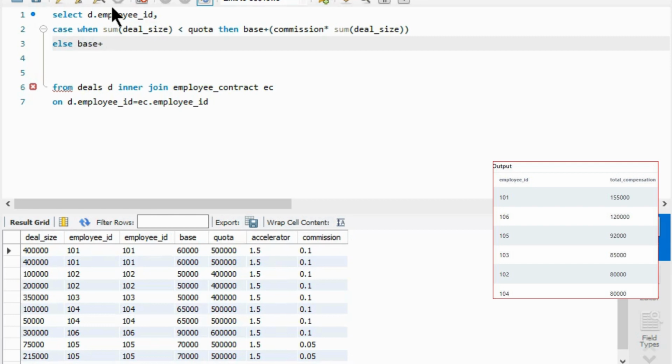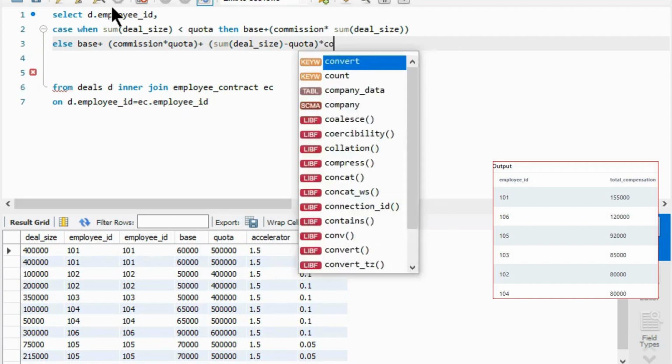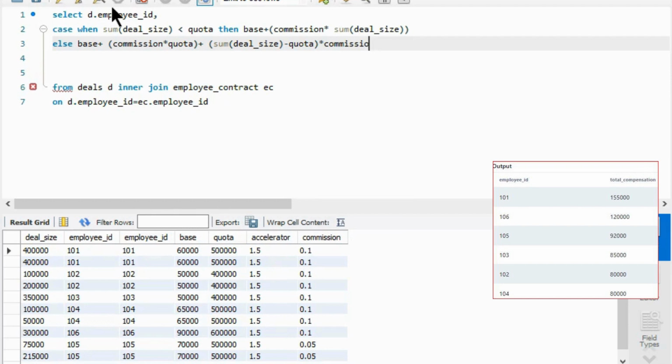We need to add base plus commission into quota, plus we need to do sum of the deal size minus quota, multiplied by commission, multiplied by accelerator, as total compensation.